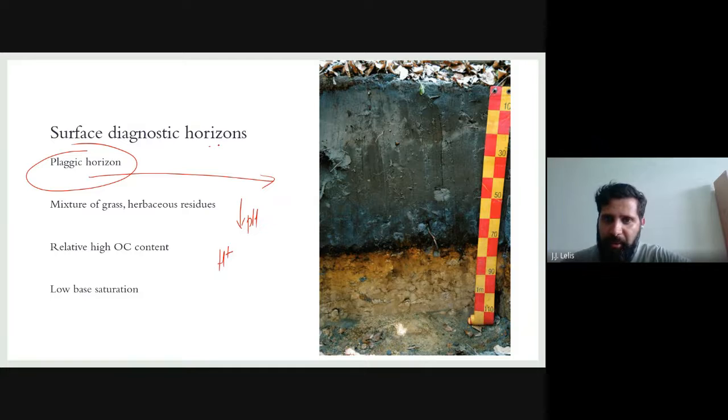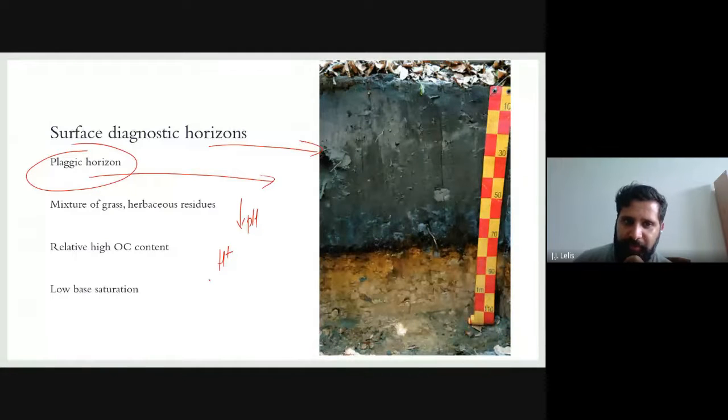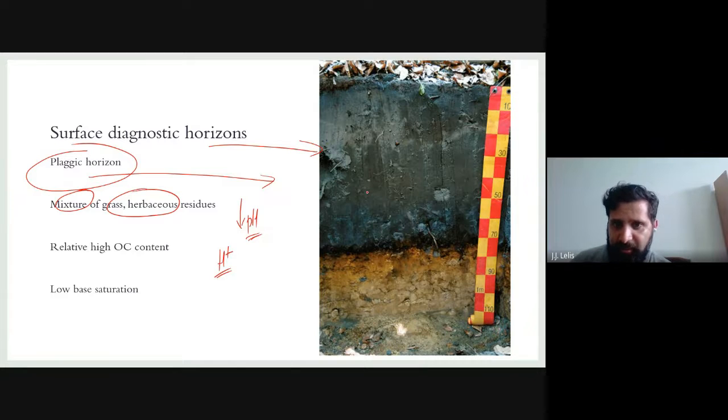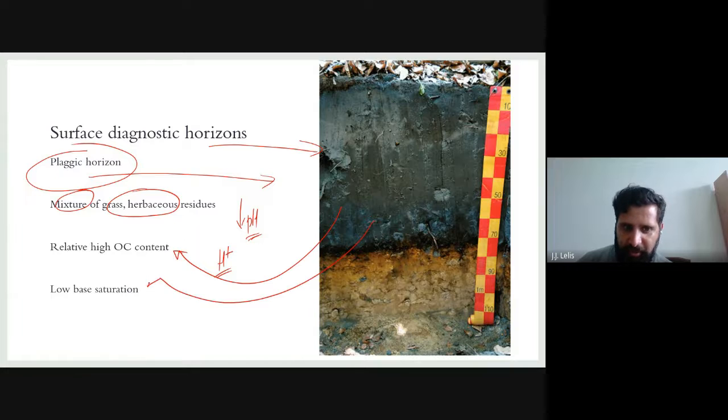So if you add organic matter in a very high content in the surface horizon, you are also increasing the quantity of hydrogen, so you are decreasing the pH of that horizon. So the pelagic horizon is formed by the mixture of organic residues in the surface, and this gives a dark color, a high organic content, and a low base saturation.